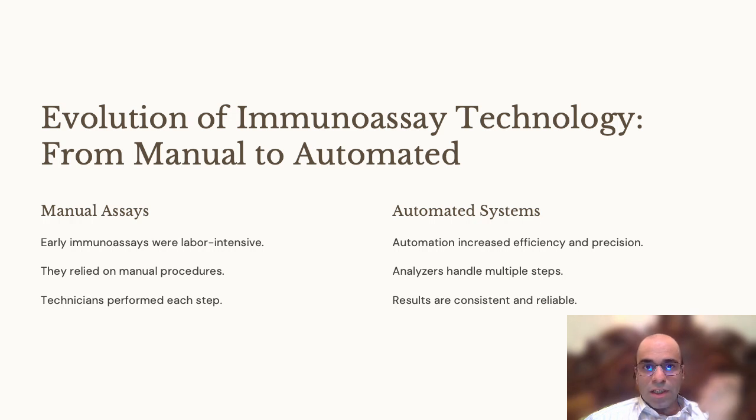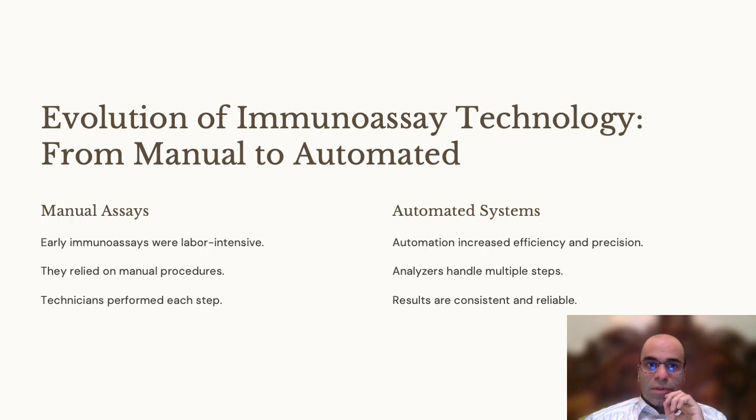Automation increased efficiency and precision through computerized control systems and robotic handling mechanisms. Analyzers handle multiple steps simultaneously, including precise reagent dispensing, timed incubations, washing cycles, and signal detection. Results are consistent and reliable with reduced coefficients of variation and high reproducibility across different testing conditions.